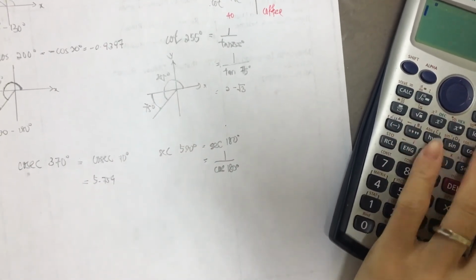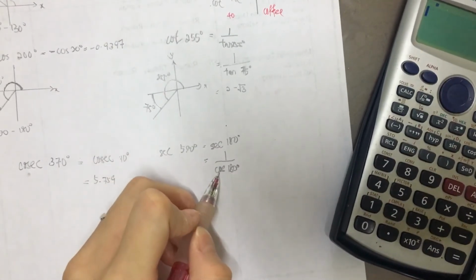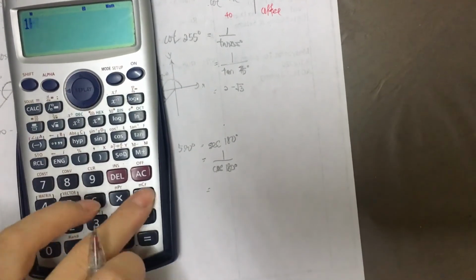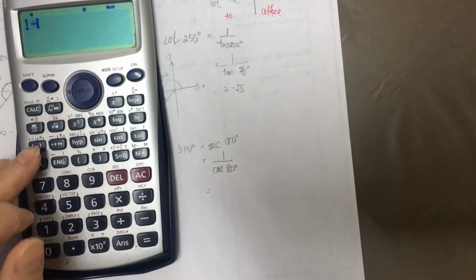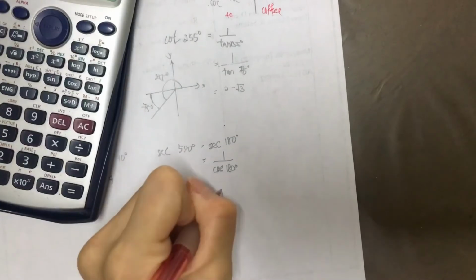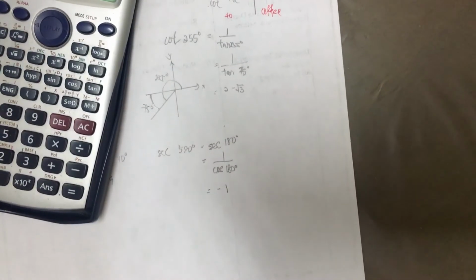So cos 180 degree is actually -1. If you cannot remember, just press your calculator, so it's -1, so 1 per -1 is actually -1.